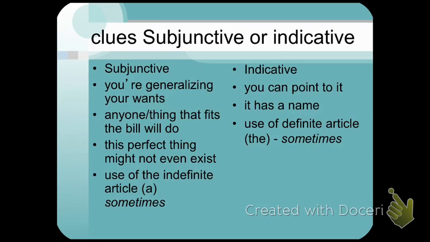And if you have no context whatsoever, use the. So el, la, los, and las is a pretty good clue that you're talking about a specific one because it is a definite article. So you're probably talking about a specific person or a specific thing.